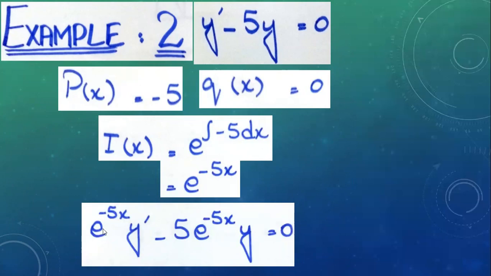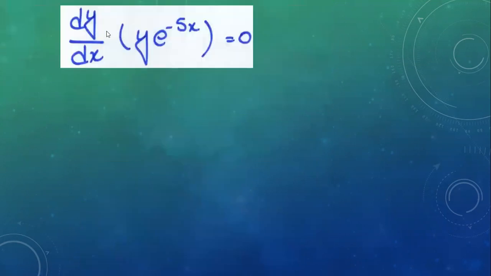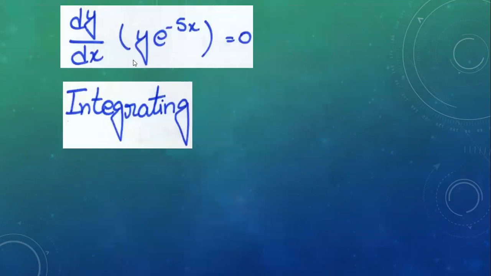Now again, if you focus on this equation, you will find that we have applied the product rule. For example, here we have the first term as it is, derivative of the second, plus the second term as it is, and derivative of the first, that will give us this minus 5. So we can combine them in the form of a simple derivative. Further, we can integrate it, cancel that derivative, and move toward our solution.